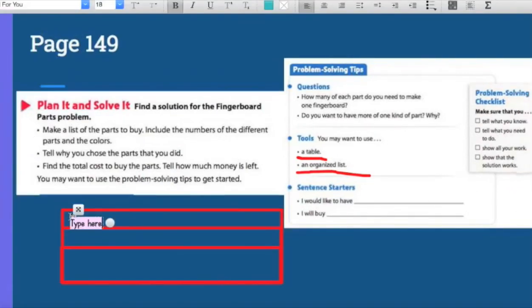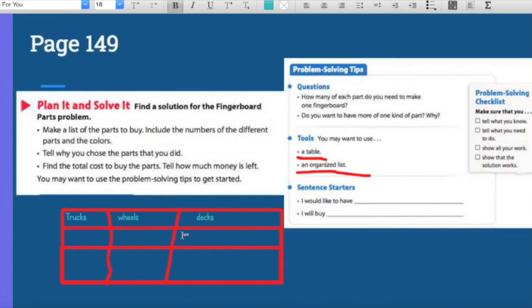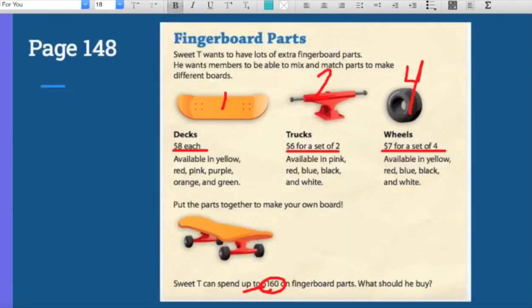Now I'm working on the table down here that I think will be helpful to you. Okay, and then thinking back, decks were $8.